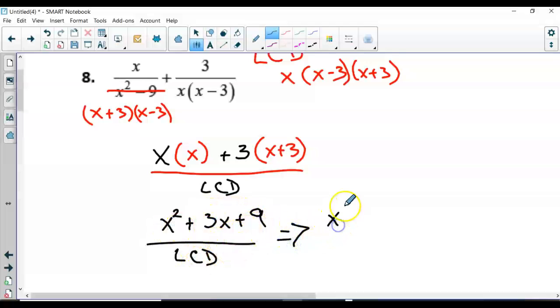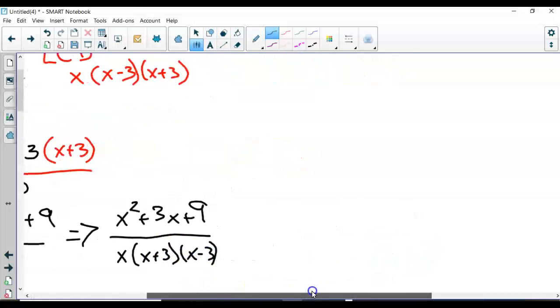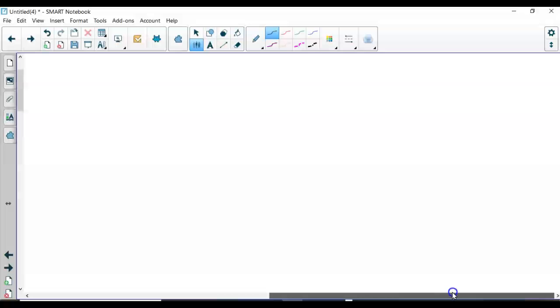So we have x squared plus 3x plus 9 over the LCD. We're just going to leave it in factored form, which is fine. X plus 3, x minus 3. Okay, let's see. I think we have, is there one more here? No. Okay, so that's pretty much it.